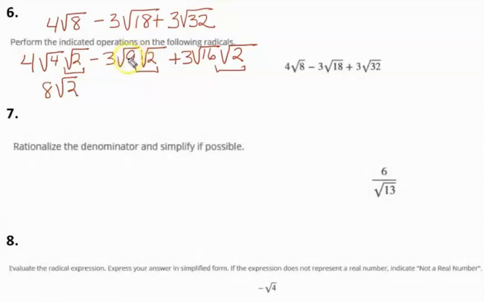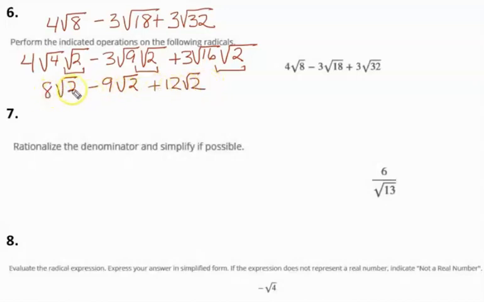Convert the square root of 9 into a 3. 3 times a negative 3 is a negative 9, the square root of 2. And the square root of 16 is 4. 3 times 4 is 12, the square root of 2. Now we have like radical signs.